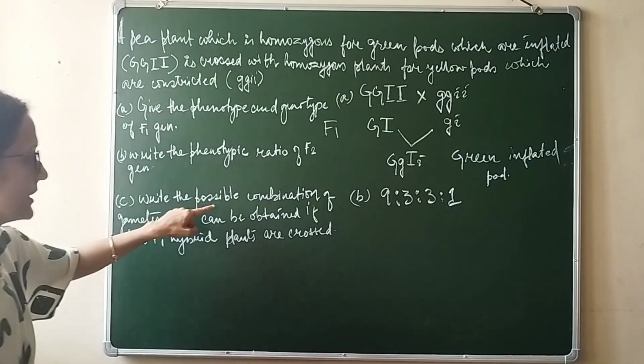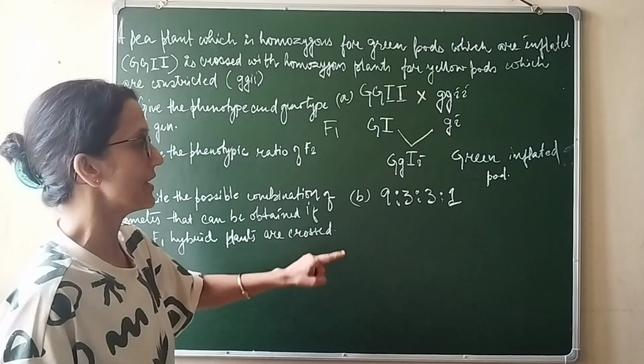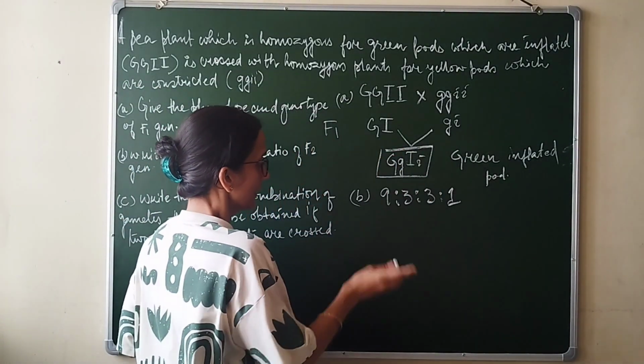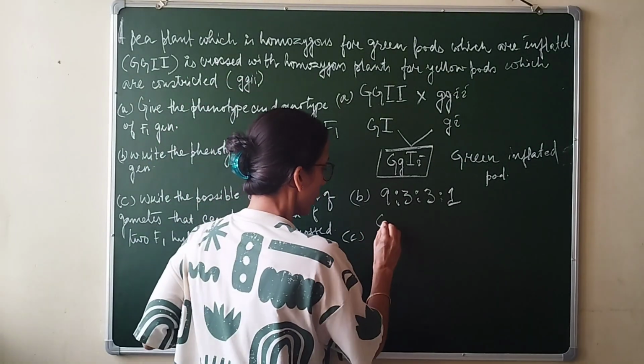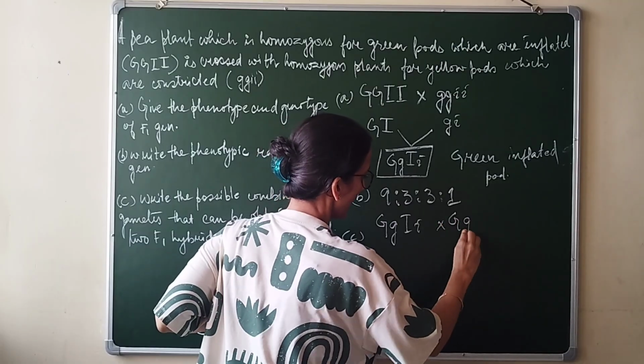Third question is, write the possible combination of gametes that can be obtained if two F1 hybrids are crossed. So this is one F1 hybrid. They are asking you what are the possible gametes that can be found when two F1 hybrids are crossed.